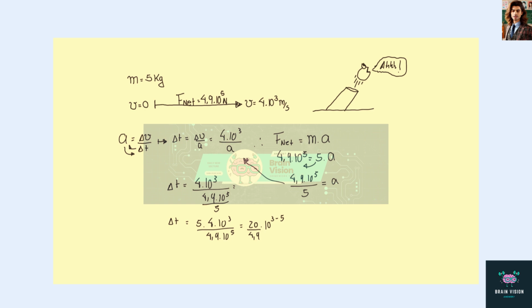So this results in 20 divided by 4.9 times 10 to the minus 2, which is 2 divided by 4.9 times 10 to the minus 1. Finally, this gives a time of approximately 0.4 times 10 to the minus 1, which is equal to 0.04 seconds.